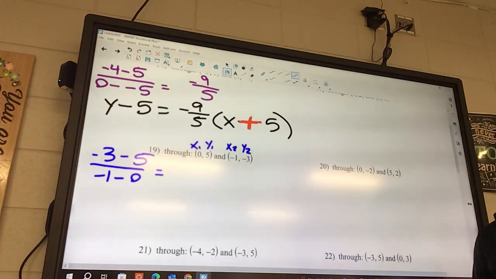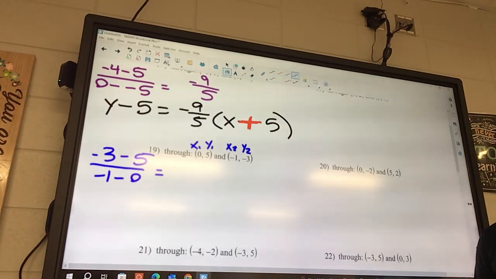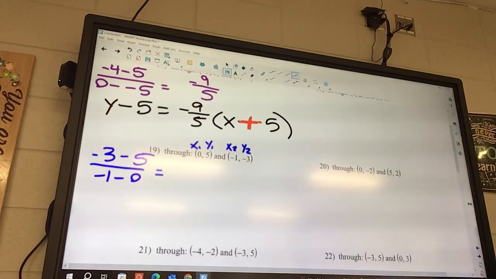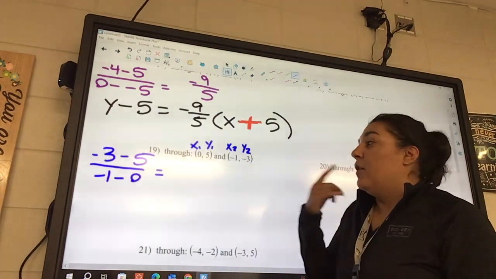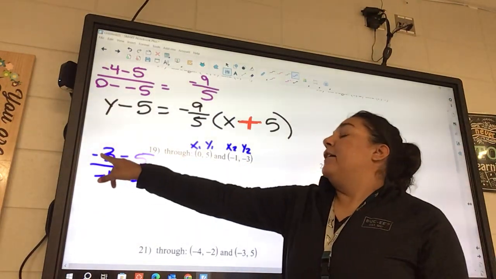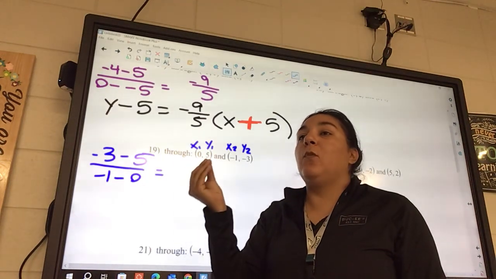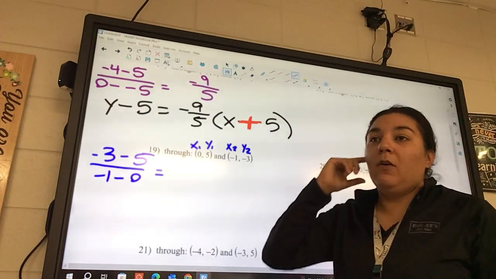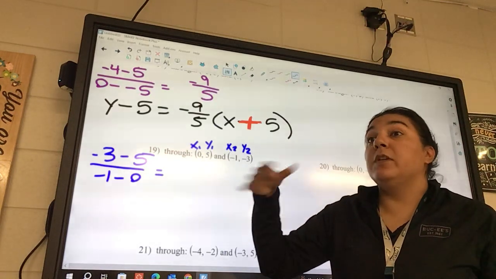Is it -8 over -1? 8. It's just 8. Okay, and that's the downfall of trying to do it in your head. You got a -8 here and then a -1 on the bottom, but we never write a fraction as 8 over 1, so 8 over 1 is really 8, and a negative over a negative is a positive. It's almost just better to do it in your calculator, especially on a quiz.